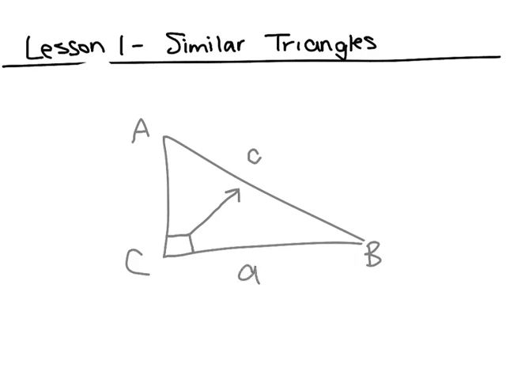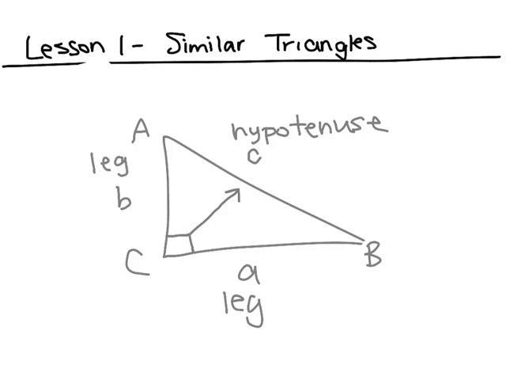So this will be A, and this will be lowercase b. And the side that is opposite the square angle, so your right angle, is always the hypotenuse. And we call the other two sides legs. So there's two legs and a hypotenuse.